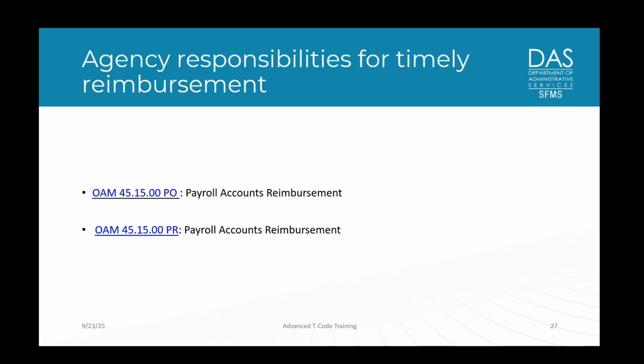We have an OIM, OIM 4515. Please review this document. It explains comprehensive guidance on the agency's responsibility for clearing the payroll batches in a timely manner from the 530 screen.